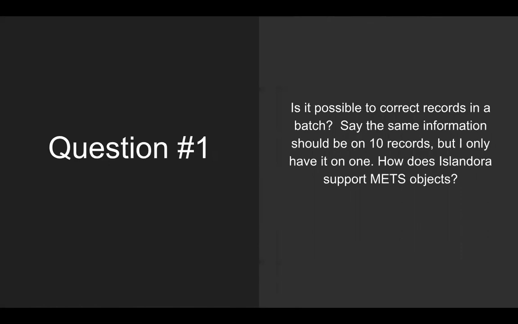So batch correcting of records, there's a couple of ways to accomplish this, but the most commonly supported one that we recommend is the xQuery module, just because it's very full-featured and allows you to do fairly granular things like this.